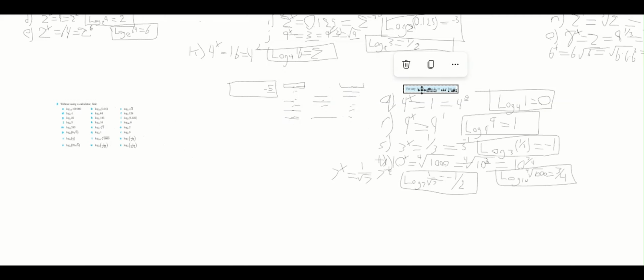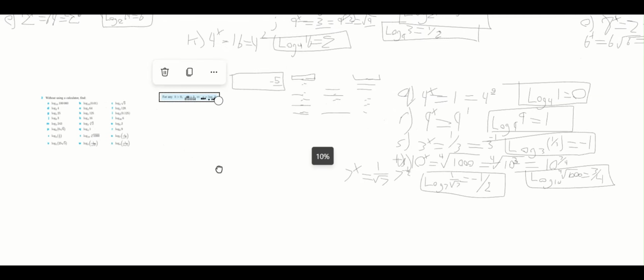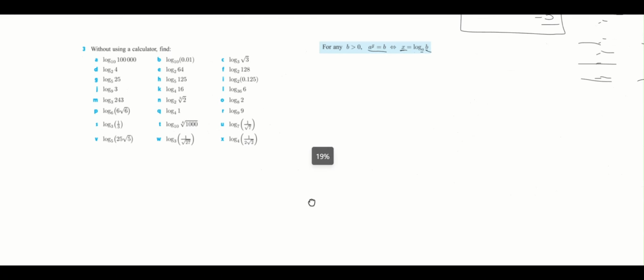Last three, we're on V now. So V: log base 5 is A, 25 root 5 is B. So 5 to the power of x equals 25 root 5.